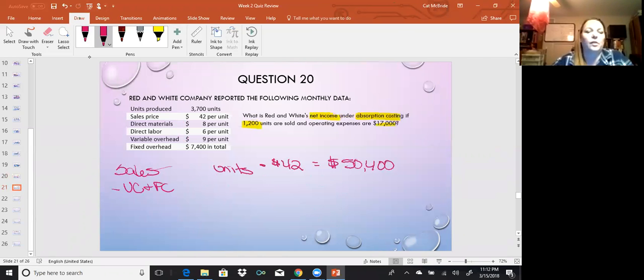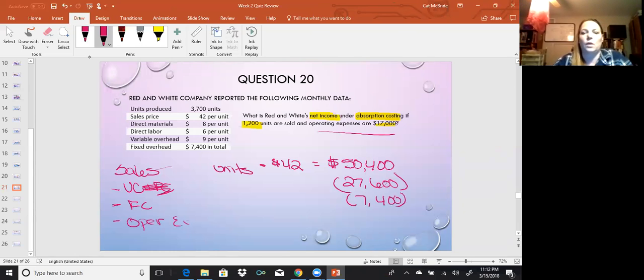So I'll do them separately. So the variable costs are 27,600. And the fixed costs are 7,400. And operating expenses are 17,000.